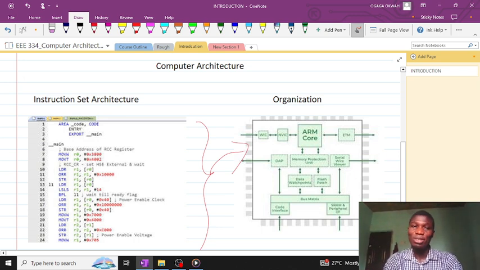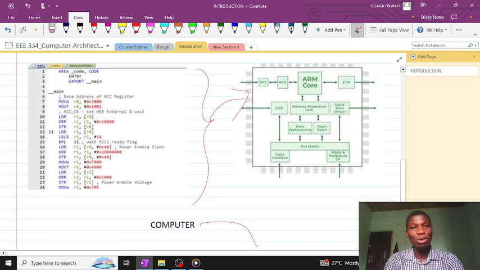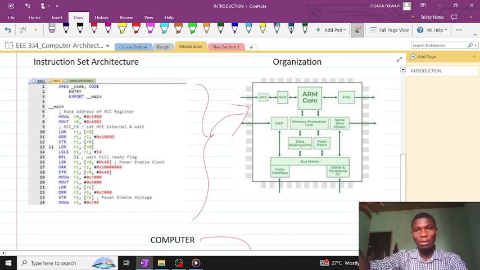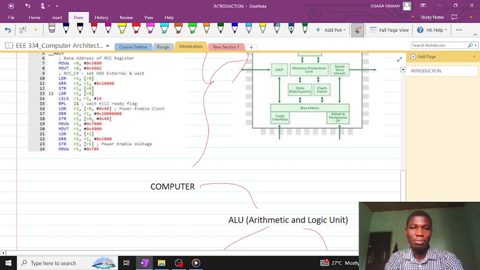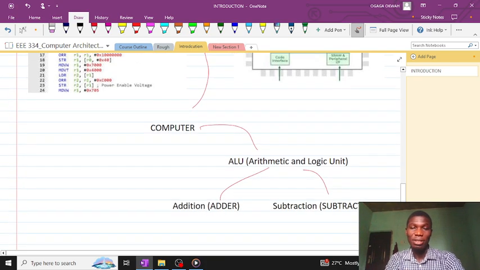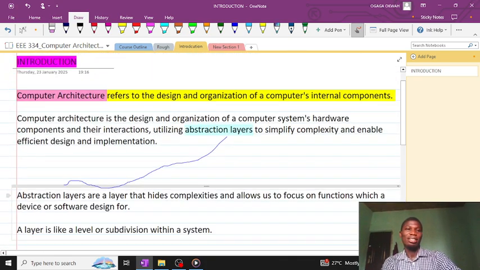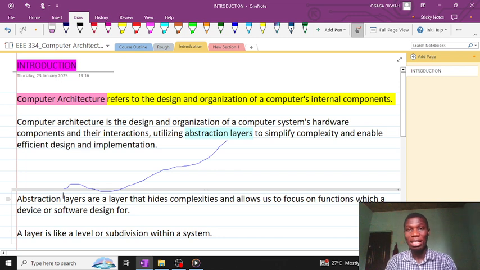The instruction set is the instructions the components are to follow. The organization is the implementation of those instructions. These are just simplified definitions of the terms in computer architecture, as simple as it can get.